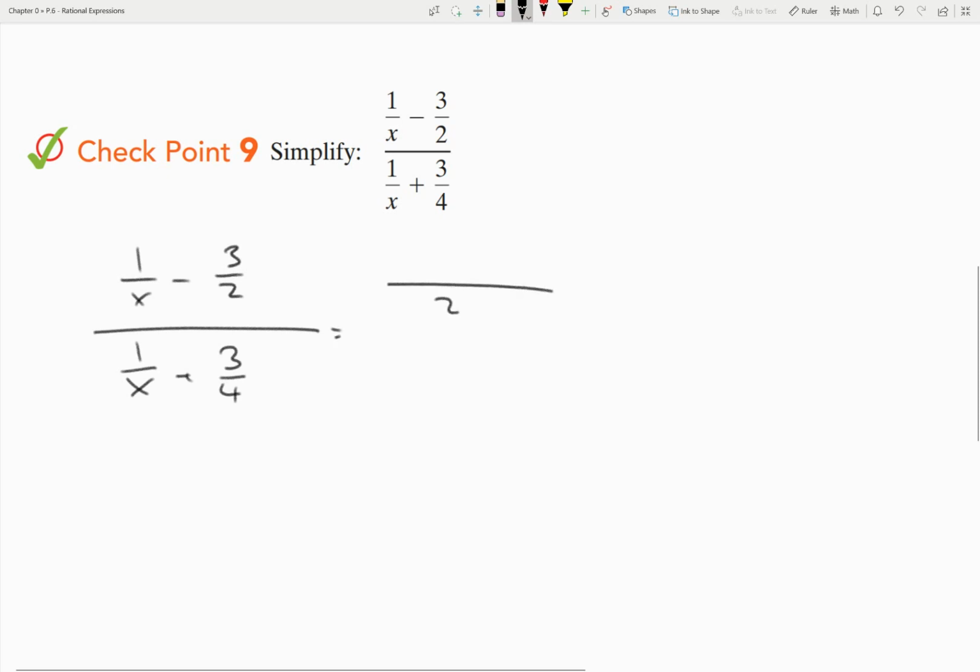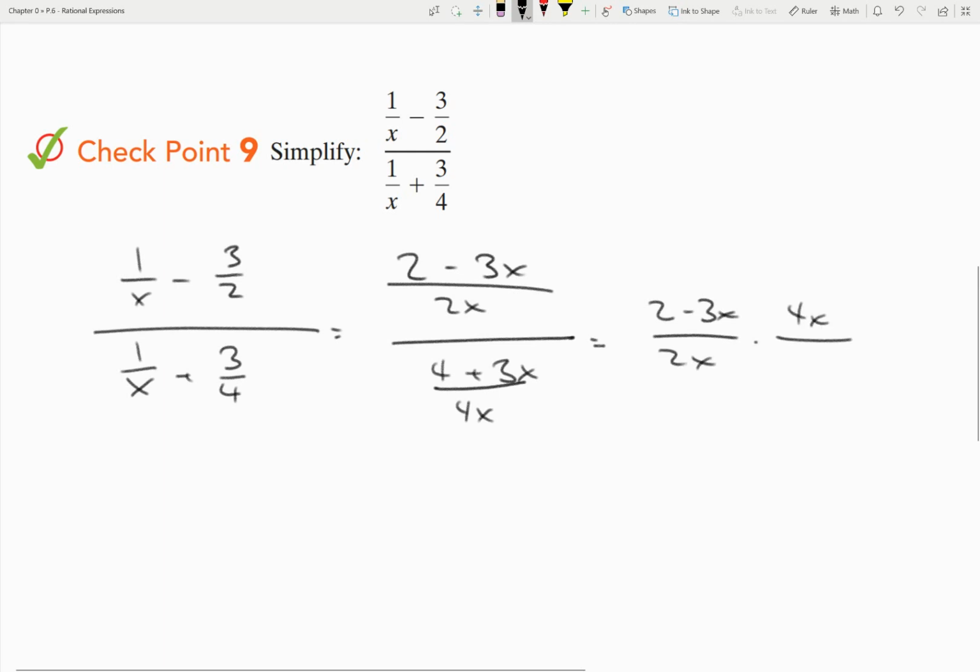The denominator here is 2x, so that becomes 2 minus 3x in the numerator, divided by the denominator here, which is 4x, and that becomes 4 plus 3x. So this becomes 2 minus 3x over 2x times the reciprocal, 4x over 4 plus 3x.